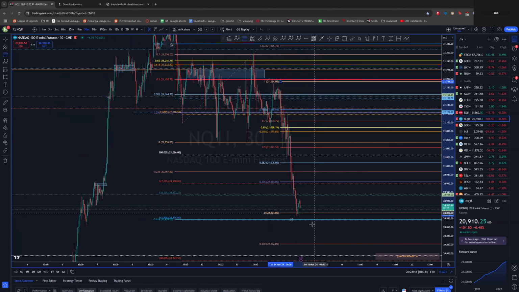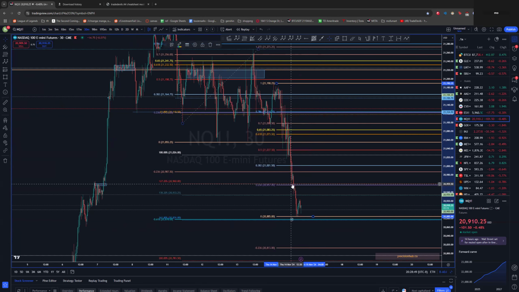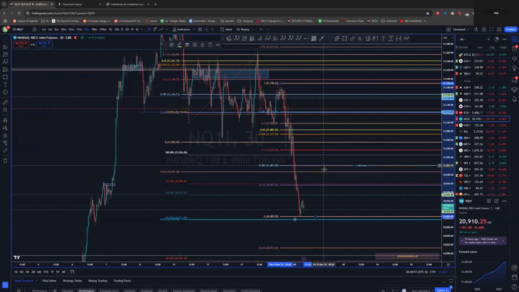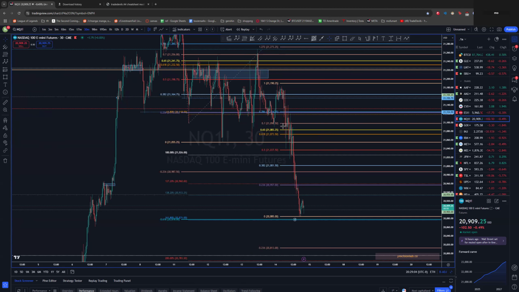Do I think we go higher? I mean, 957-ish lines up with the 236. 382 doesn't have much structure. What I'm checking right now is the second wave retracement. It was like 0.5, so it's not necessarily too steep.